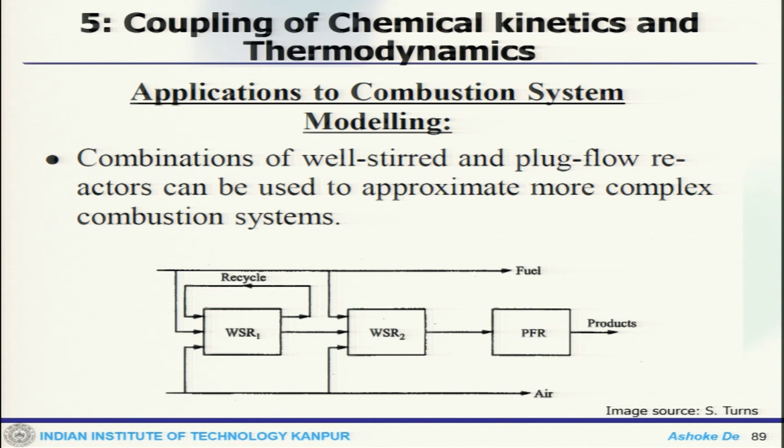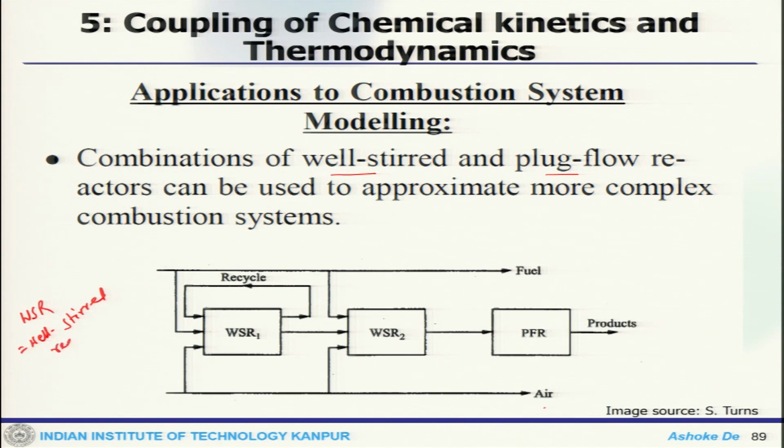Now, the combination of well stirred reactors and plug flow reactors can be used to approximate a more complex combustion system. For example, you have a fuel and this is air. This is one well stirred reactor, WSR stands for well stirred reactor.